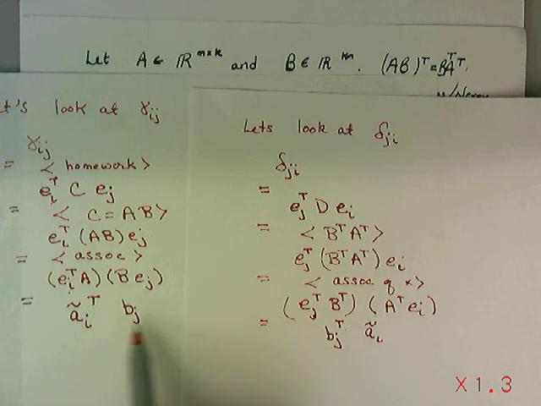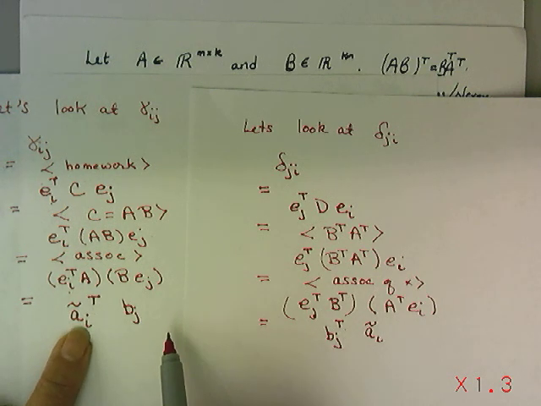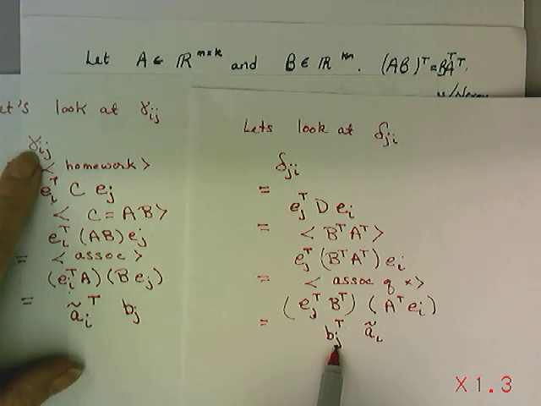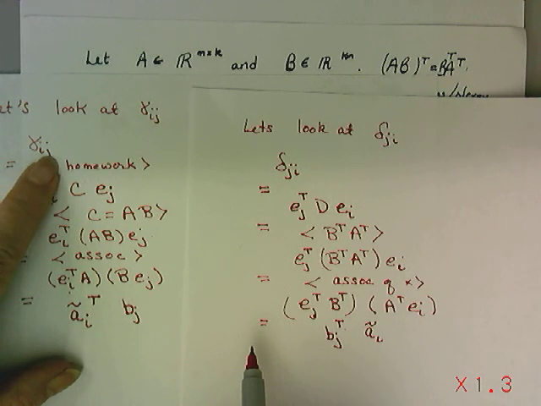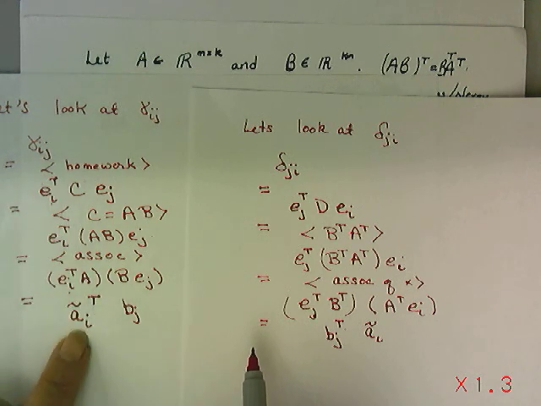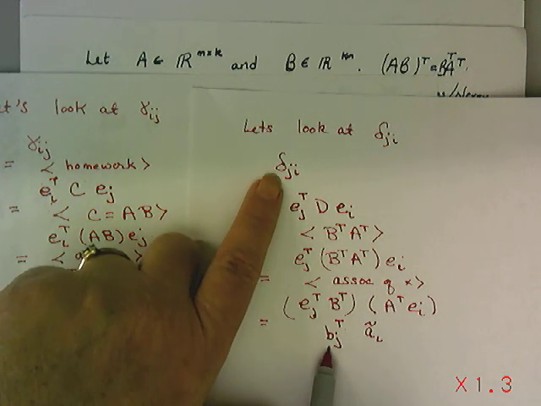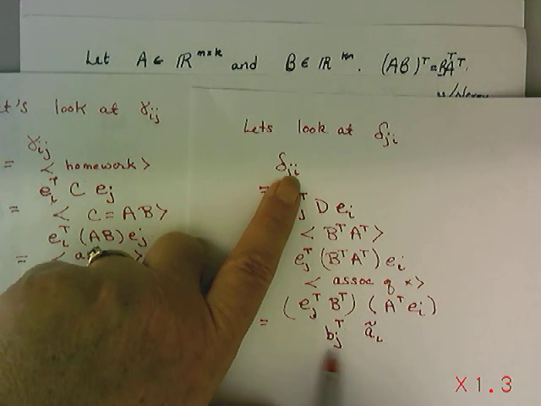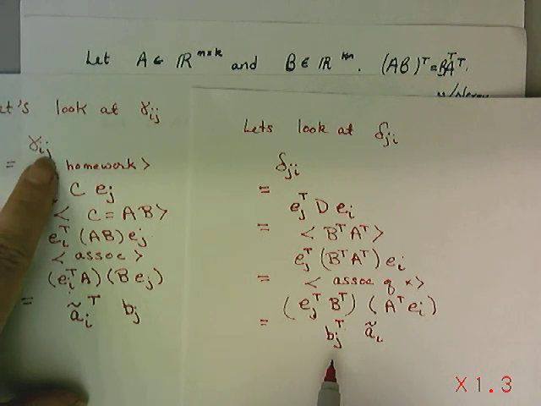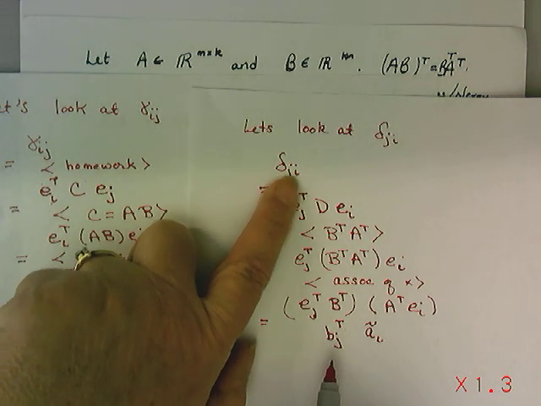Dot product is commutative. So these are both scalars, and they give us the exact same result. So this dot product is equal to this dot product, which means that gamma ij, which is this dot product, is equal to this dot product, which was delta ji. So gamma ij must be delta ji.